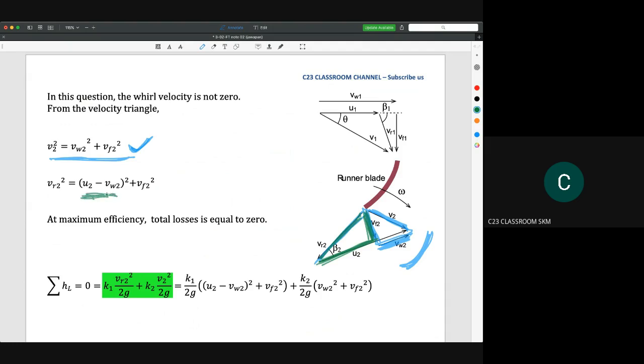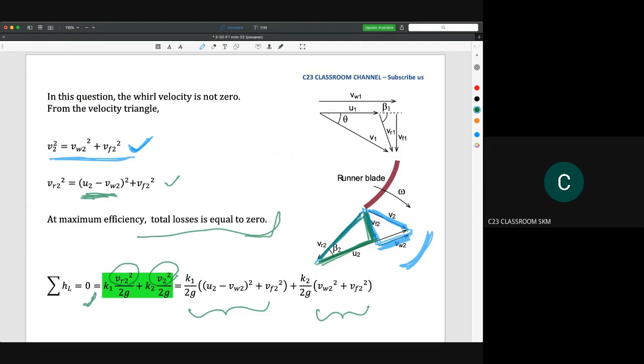Okay, so we try to substitute the value here. Because at maximum efficiency the total losses is equal to 0, we just equate this one with 0. And then we substitute the VR2 and V2 here with the terms that we get from here.